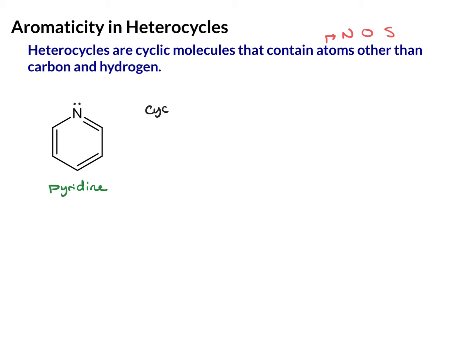It's certainly cyclic. Is it completely conjugated? Let's put a p orbital everywhere we have a double bond. Every atom has a p orbital, so it is completely conjugated.